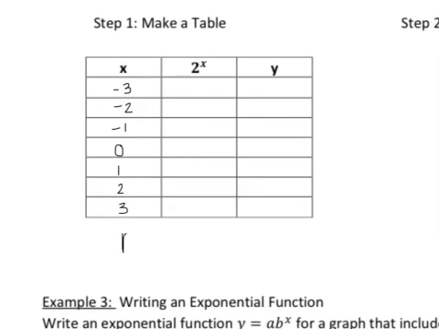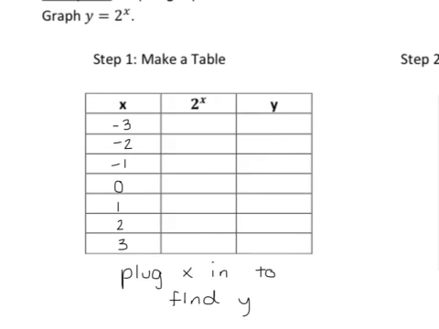We plug x in to find y. Our equation was 2 to the x. So we'll have 2 to the -3. What is that? 0.125, which is the same thing as 1/8.